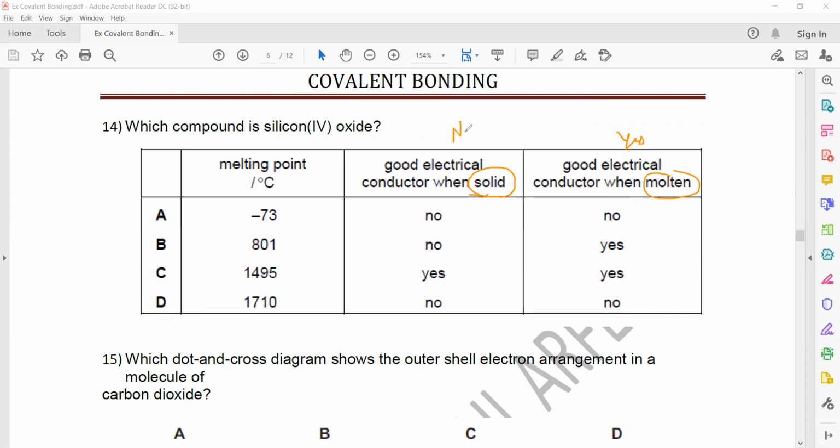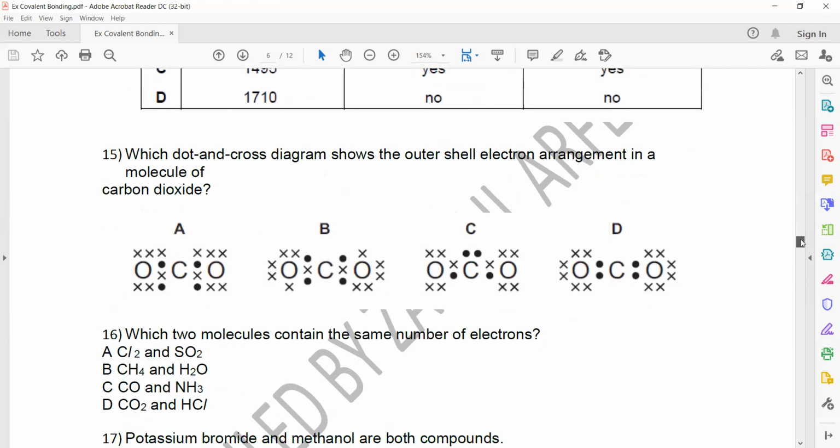If the question was which compound is sodium chloride, it could be B, C or D, but since it does not conduct electricity in solid and conducts electricity in molten, then it will be B. But they're asking for silicon(IV) oxide or diamond, which do not conduct electricity in any state.